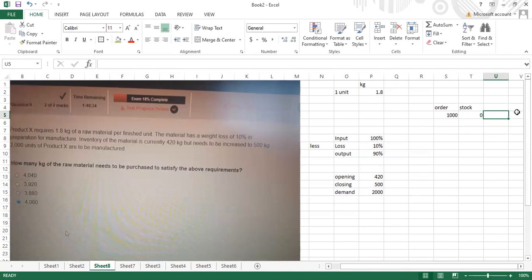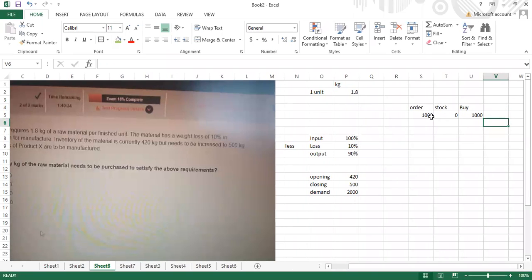So it doesn't mean that you have to prepare 1,000 units, so stock is zero, so how much are you going to buy? It is not the best practice to buy only 1,000, because the demand is for 1,000. Business does what? They also want to keep the free inventory stock.